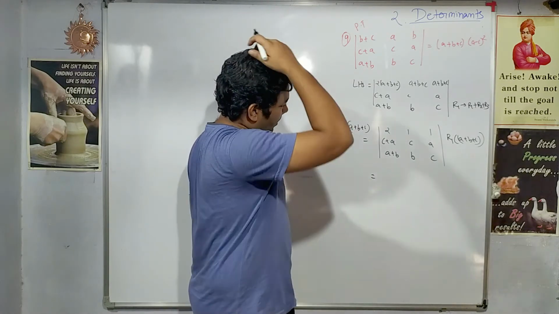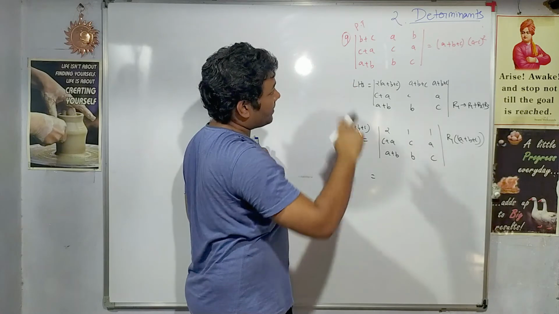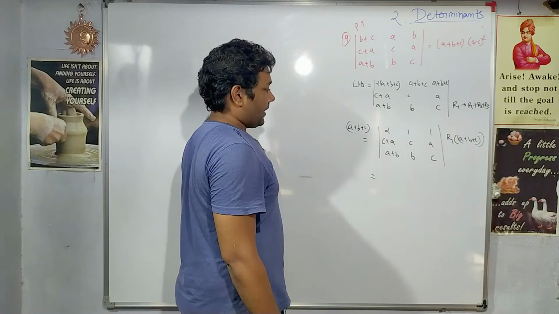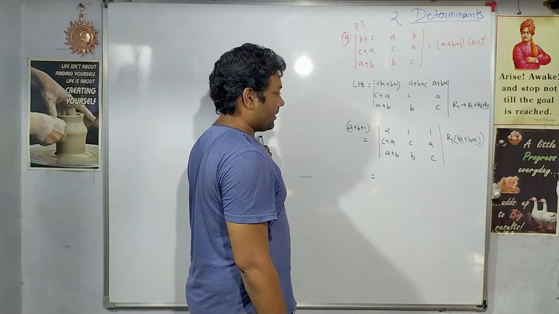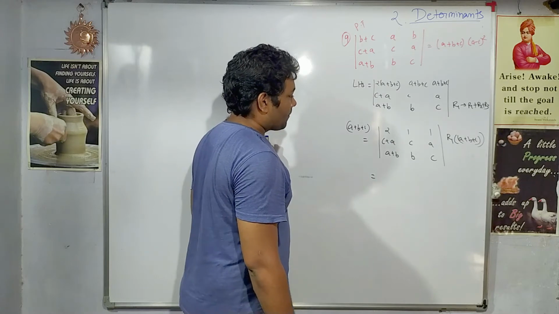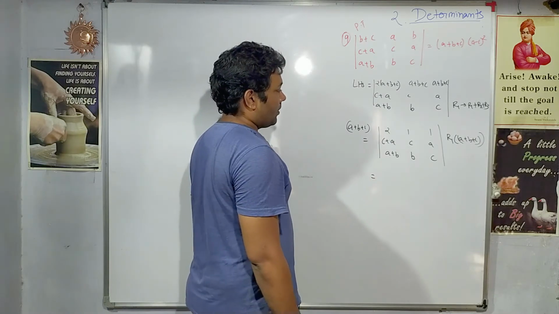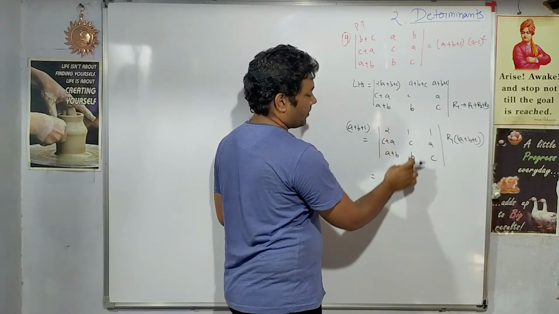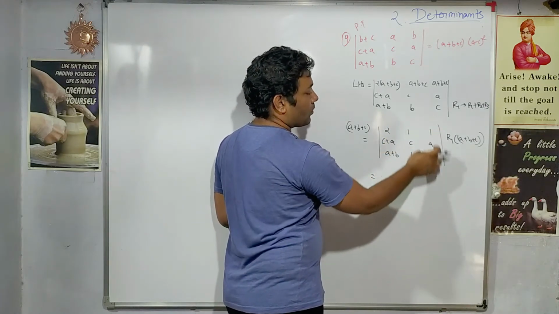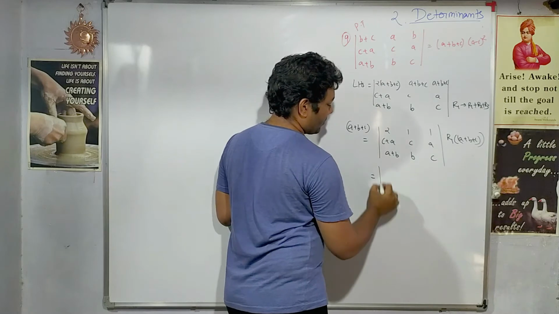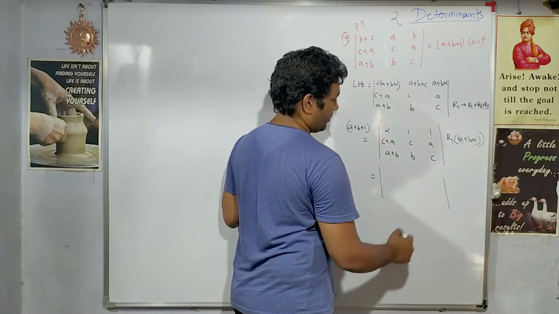So what to do now? Again I want a minus c whole square, correct? So how will I get a minus c? So what can I do? If I subtract column number 2 and column number 3 from the first one, I will get some fruitful result, right?